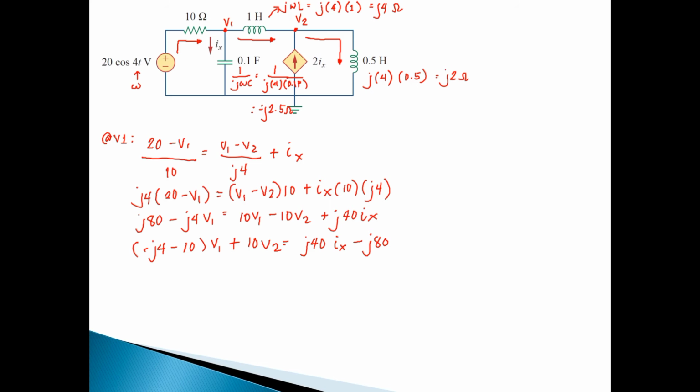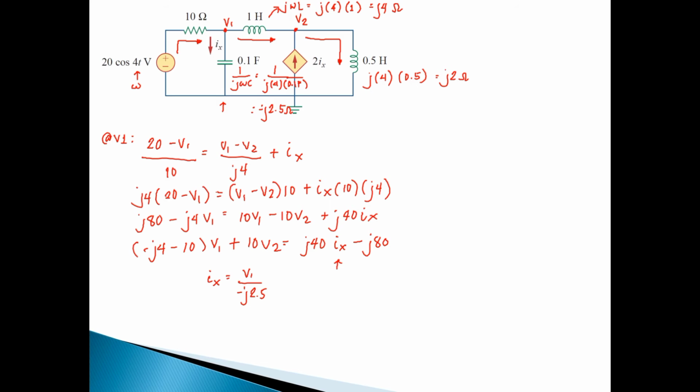Let's check: (negative j4 minus 10) V1 plus 10 V2 equal to j40 Ix minus j80. Now we have Ix, but Ix is actually equal to V1 over negative j2.5, since we can get Ix via Ohm's law.